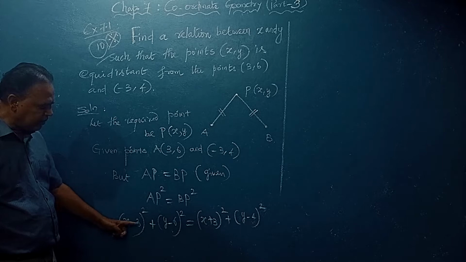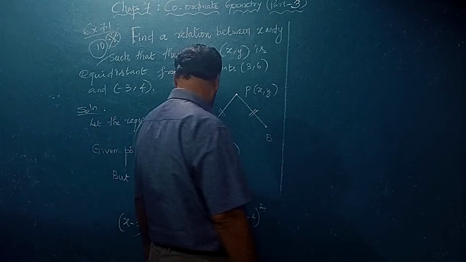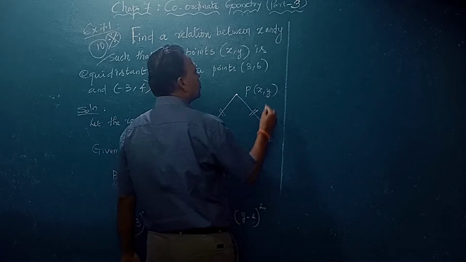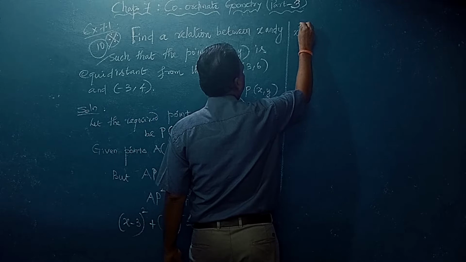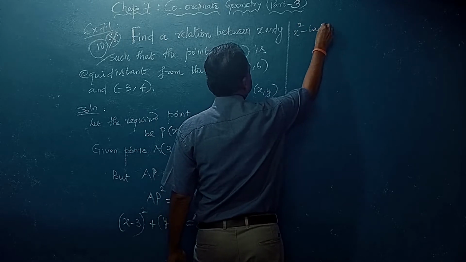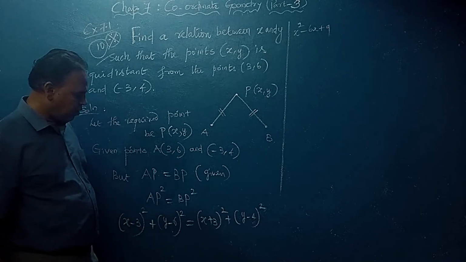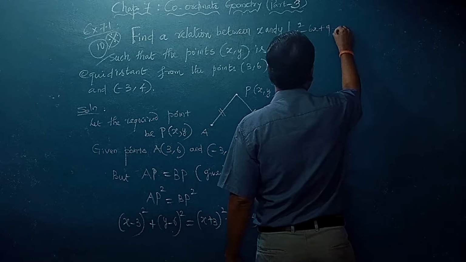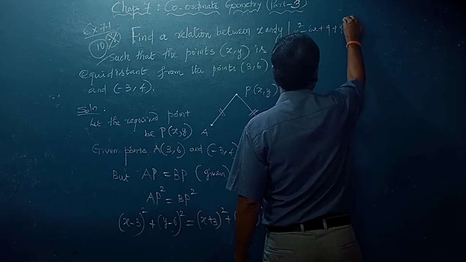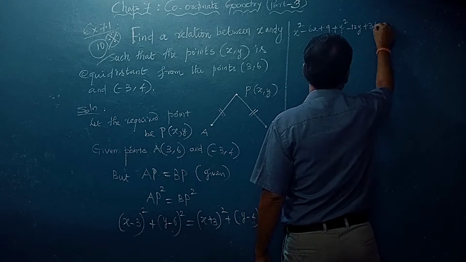Now apply the (a minus b) whole squared formula and the (a plus b) whole squared formula. So (a minus b) whole squared gives x squared minus 6x, since 2ab means minus 6x, plus b squared, that is 9. Again here, y squared minus 12y plus 36.